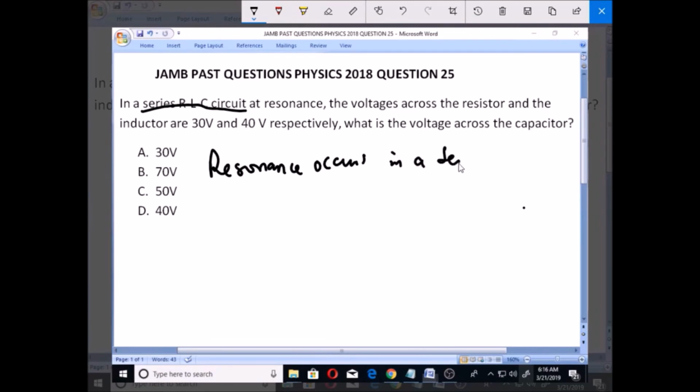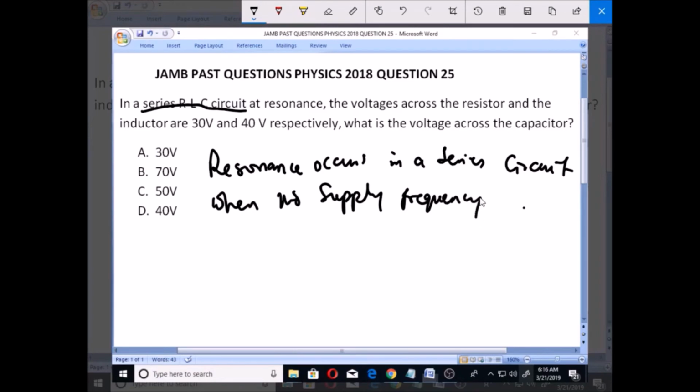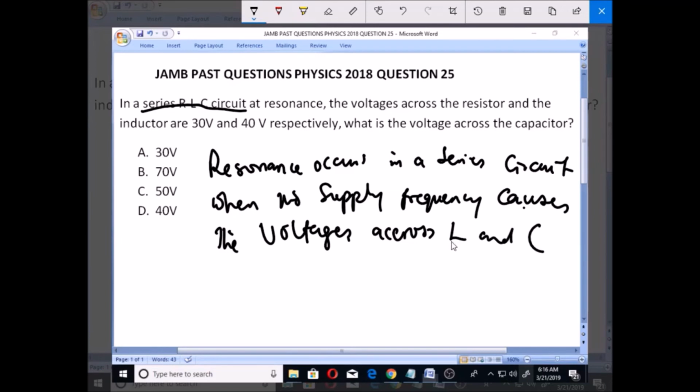in a series circuit when the supply frequency, whenever the supply frequency causes the voltages across L and C, that is inductance and capacitance, to be equal and opposite in phase.